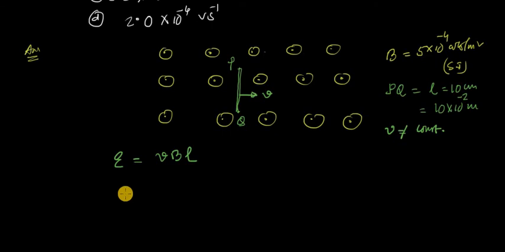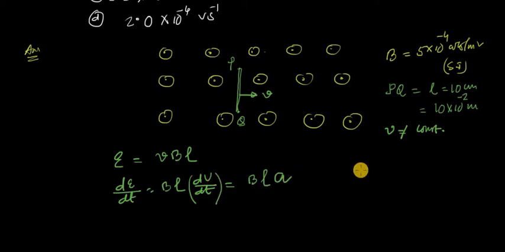Therefore dE/dt is, magnetic field is constant, length is constant, but velocity is changing with time, so therefore dv/dt, and hence B is constant, L is constant, and that change of velocity per time is called acceleration.